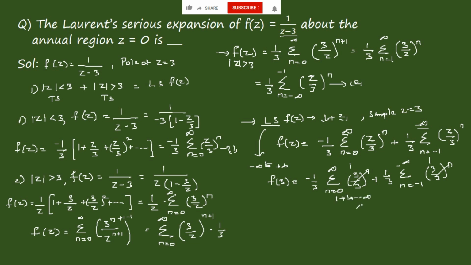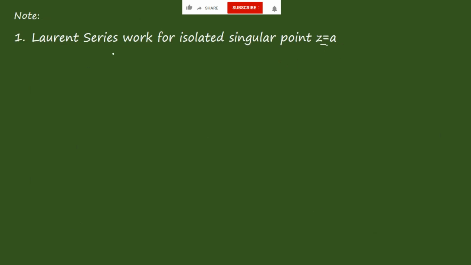So it becomes nothing but infinity. Again here also we'll be adding from minus 1 to minus infinity. So it becomes 1 plus 1 plus 1 plus so on until infinity, so it becomes infinity only. So when you add it, it becomes minus 1 by 3 into infinity plus 1 by 3 into infinity, which we can cancel, which is equal to 0. So we can say that the Laurent series works for an isolated singular point z is equal to a.